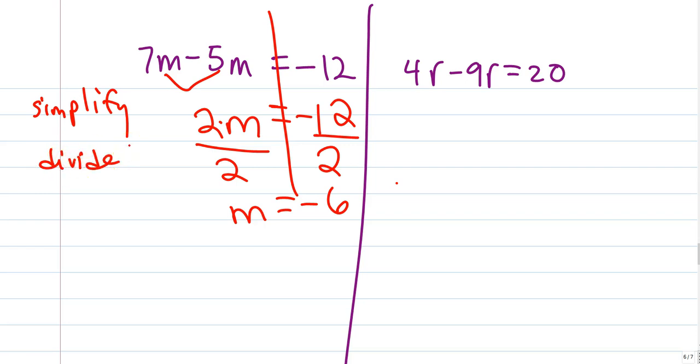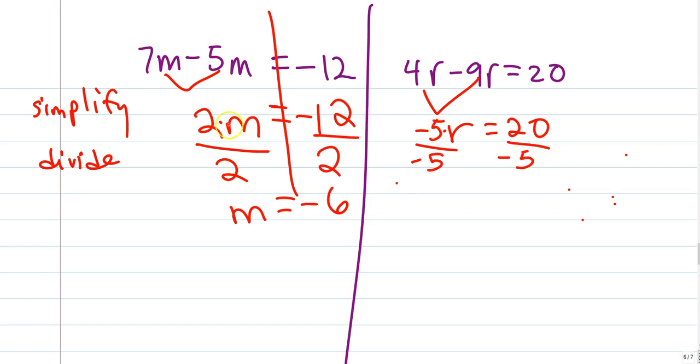Okay. On this one, combine the like terms. 4 minus 9, negative 5r. You need to know your integers. R is being multiplied by a negative 5, so the inverse of multiplying is to divide both sides by, not a 5, a negative 5.